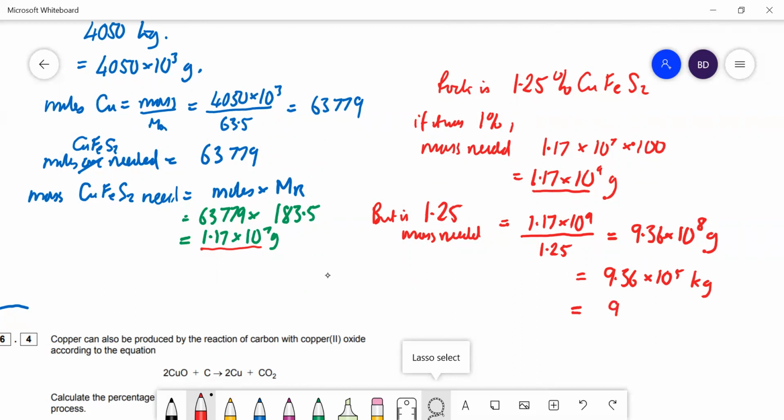That gives us 936 tons. So that's how many tons of rock you're going to need to give you that amount of copper for the plane. Okay, so a lot of numbers there.